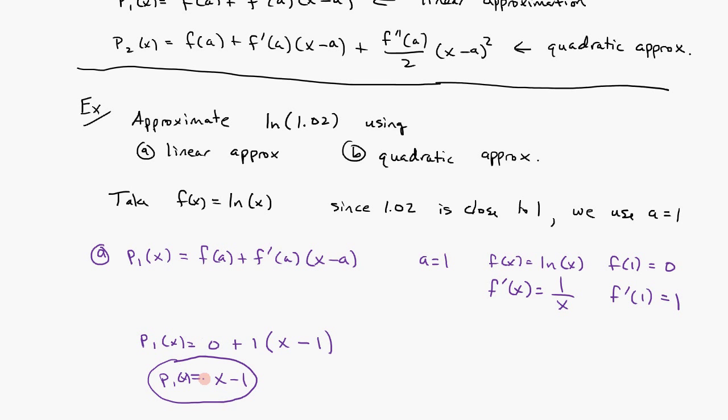And so now we use the Taylor polynomial to approximate the function. The natural log of 1.02 is approximately the Taylor polynomial evaluated at this point, which is equal to 1.02 minus 1, which is 0.02. So we're saying that the natural log of 1.02 is going to be close to 0.02.